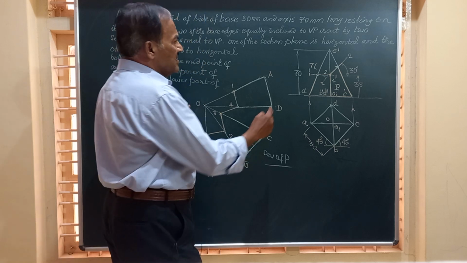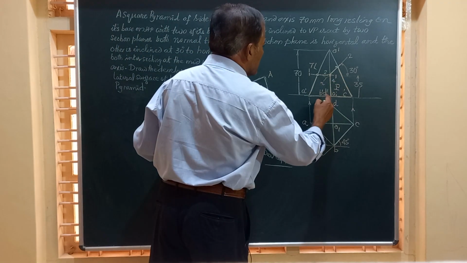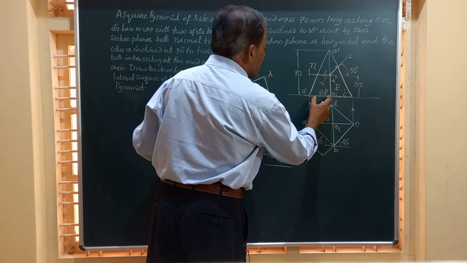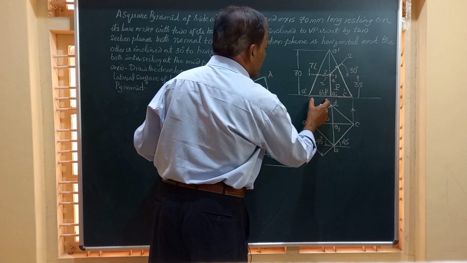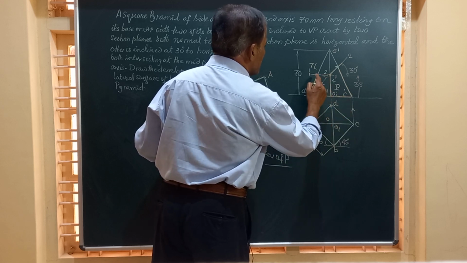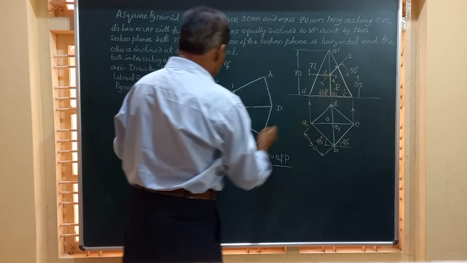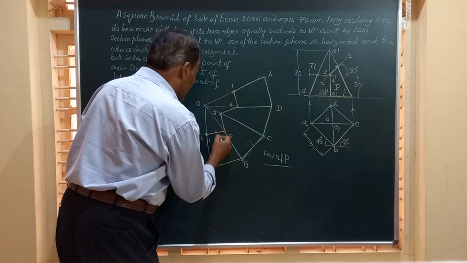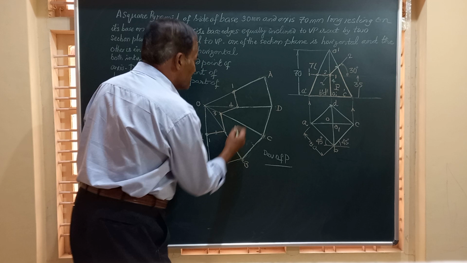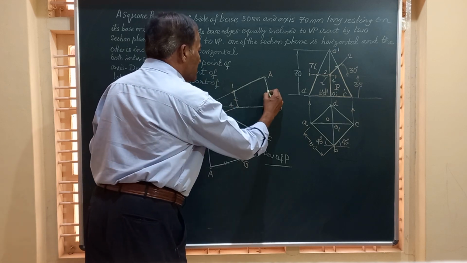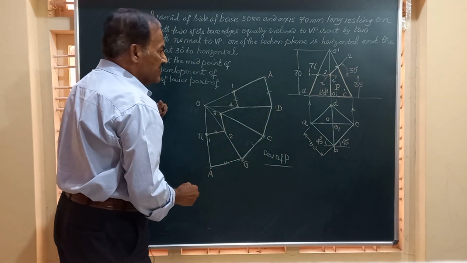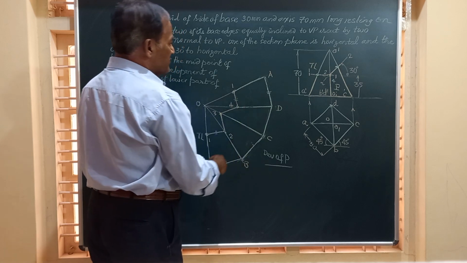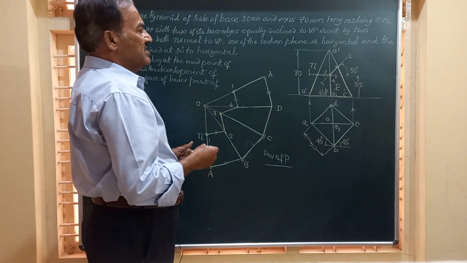See here, this section plane 1 1 till here is parallel to the base of that. That is, this is 1 to 2, and these lines should be parallel to this AB. Similarly 1 to 4 is parallel to AD, and this is the observation you make.